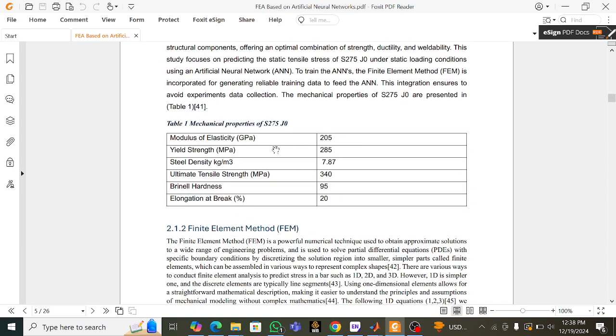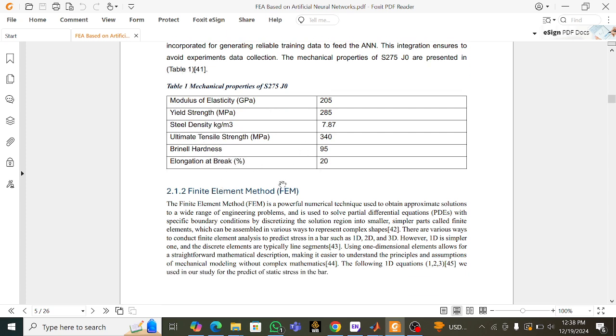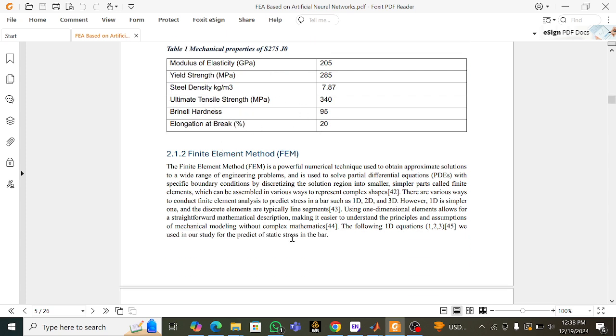Some of the mechanical properties of the S275J0 element are here in this table. The second one is the finite element method. There are various types of finite element available. Why did I include finite element here?